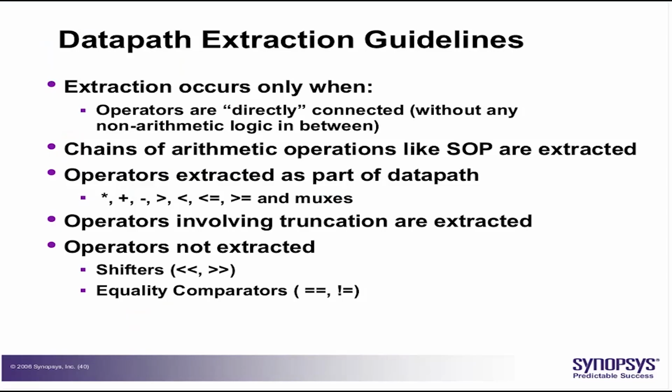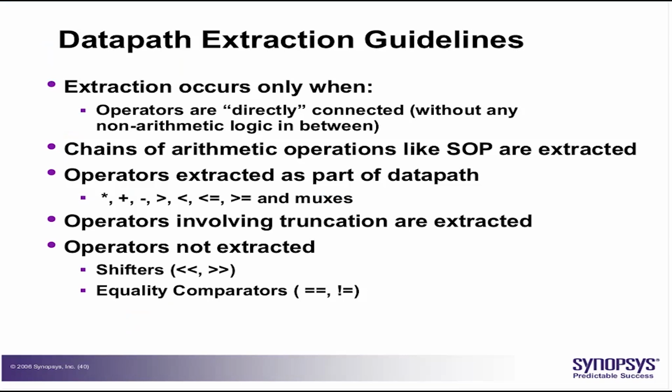Let's continue from the last session where we were discussing the data path extraction capabilities of the compiler. Let me just review what data path extraction means. Data path extraction means that compile_ultra, the compiler, is able to see what data path operators we use, and it will try to extract the maximum possible number of operators and put them in a single module.